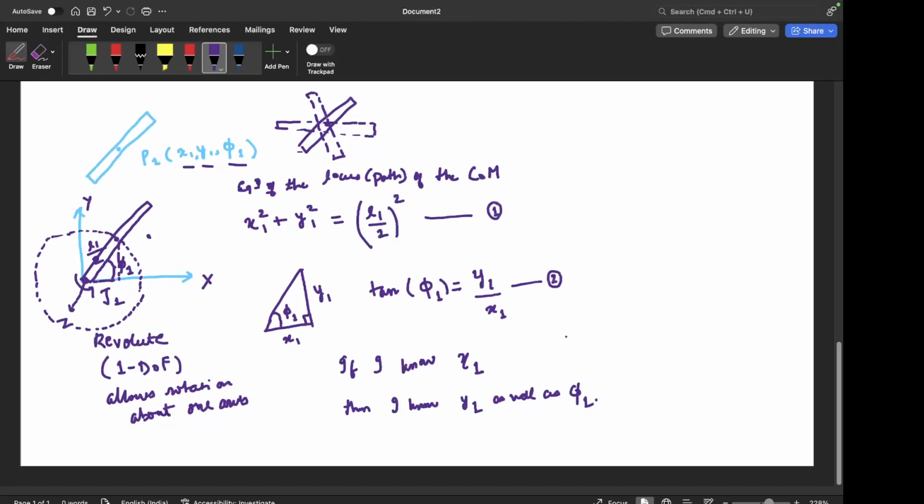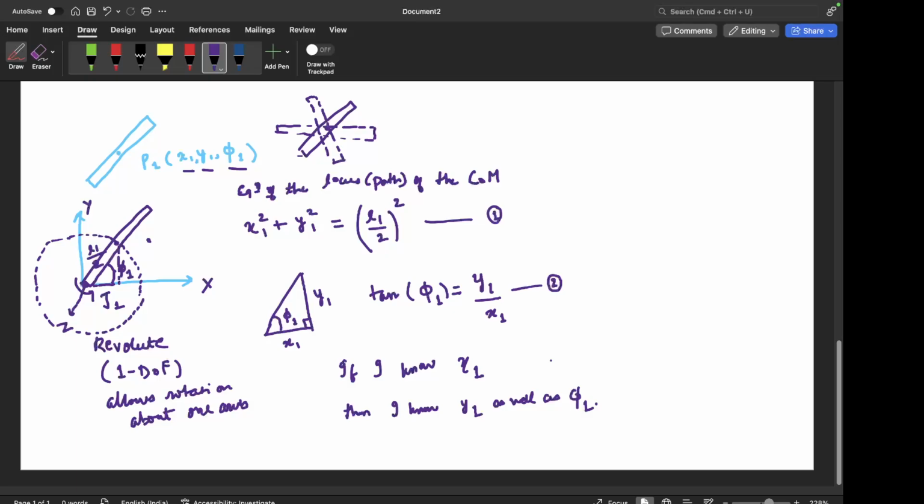That's the consequence of this. Just take a moment to understand this. By just specifying one variable, any of these, you can just specify x1, just specify y1, just specify phi1. We know the rest too because they are related.